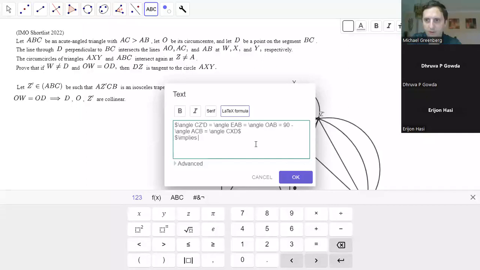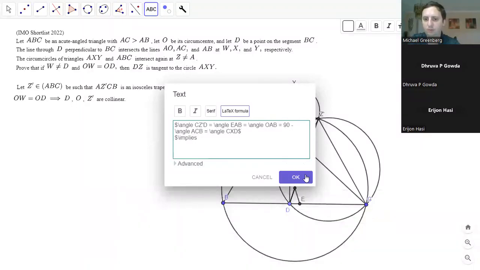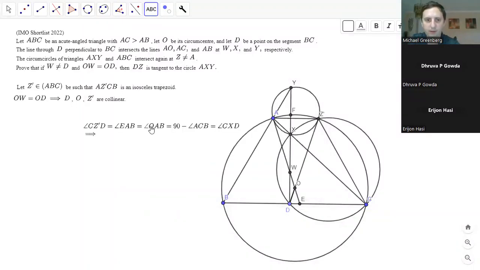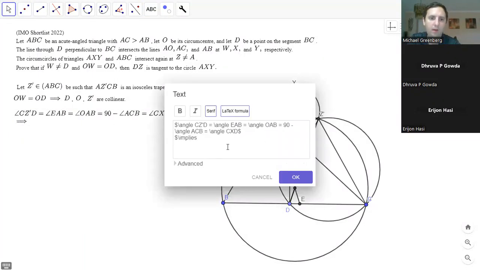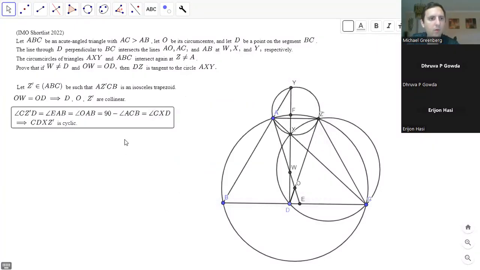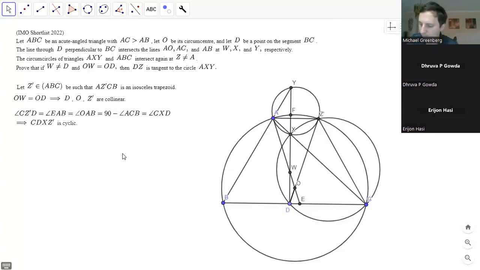And that means that CDXZ prime is cyclic. Then we also want to show this is cyclic, but that's not a difficult angle chase either.